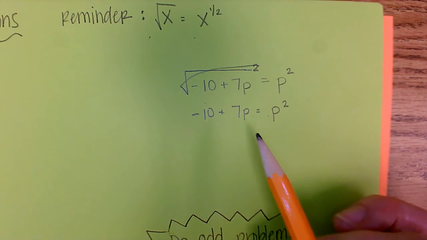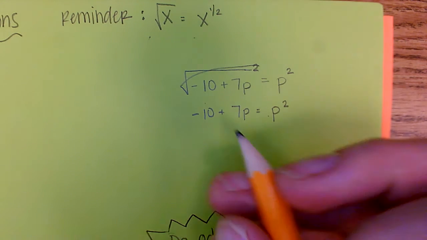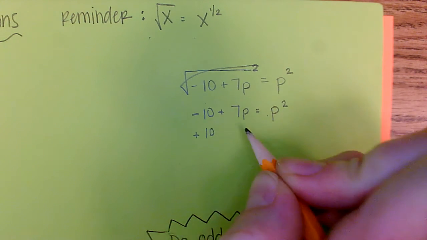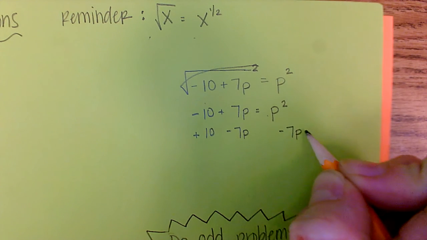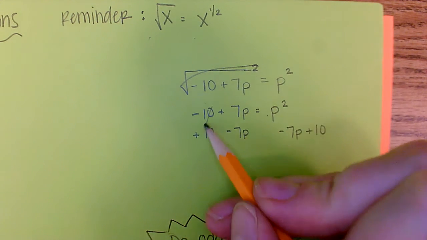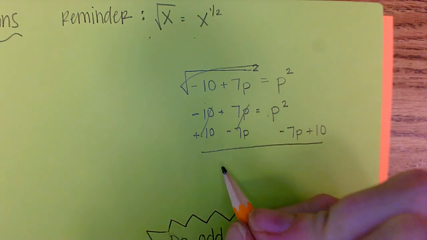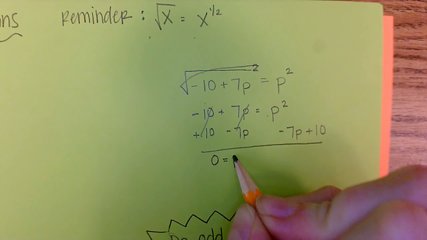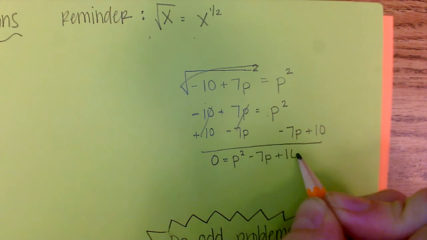So we want to get everything to the same side as a positive p squared. P squared is positive over here. So we're going to move everything to its side. So we're going to get rid of both these over here and add them over here. So get rid of them. So we have 0 equals p squared minus 7p plus 10.